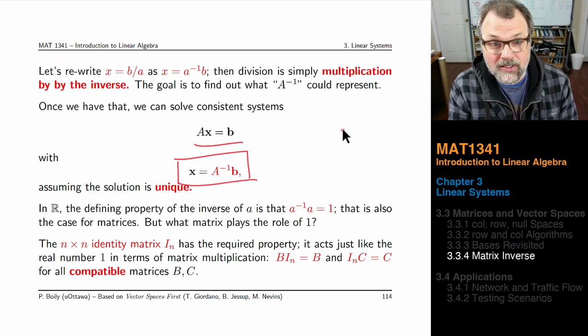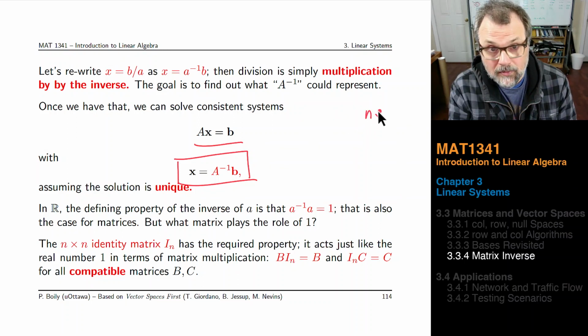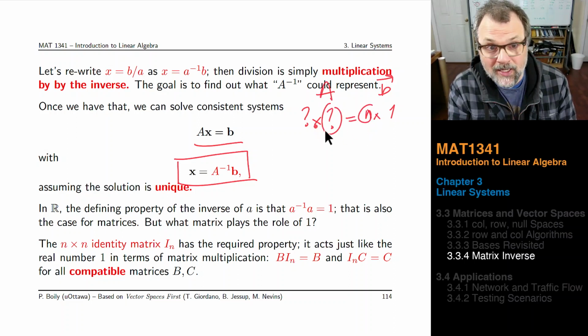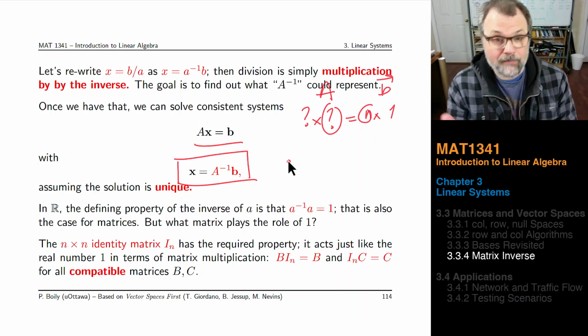So if b is an n by 1 vector, you at the very least need to have n columns for this A inverse object. Otherwise, you will not be able to get a matrix product which is defined. So that's one thing.